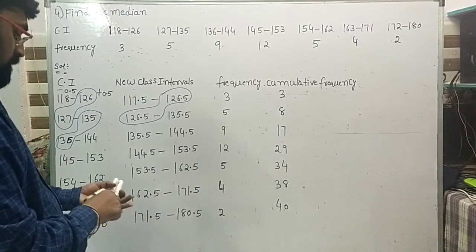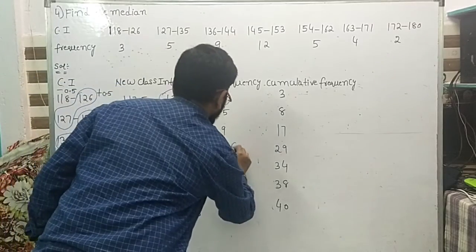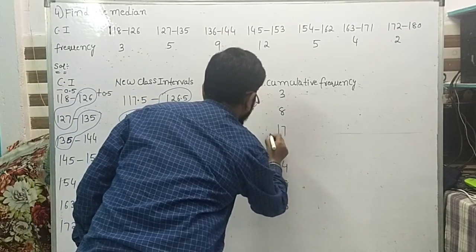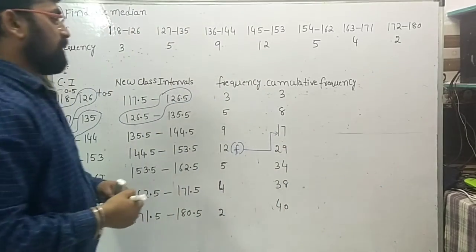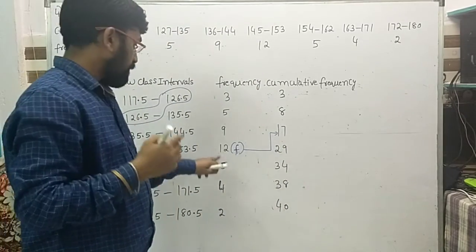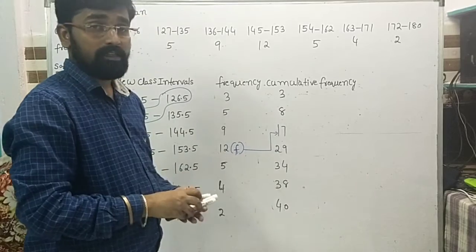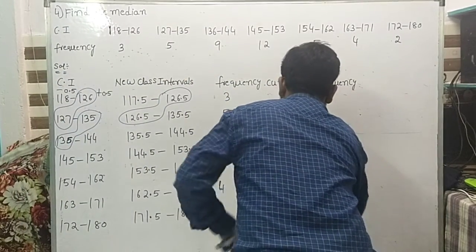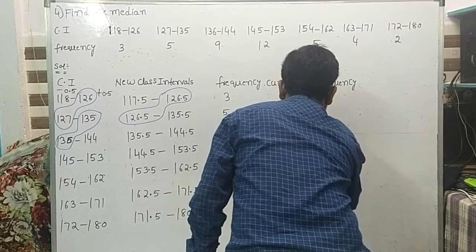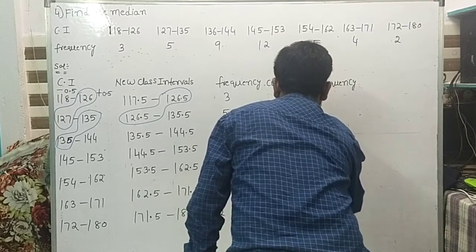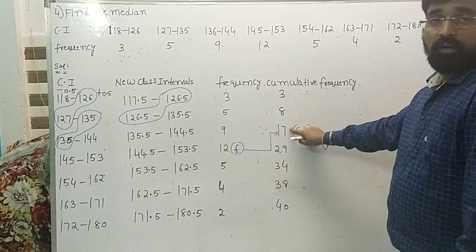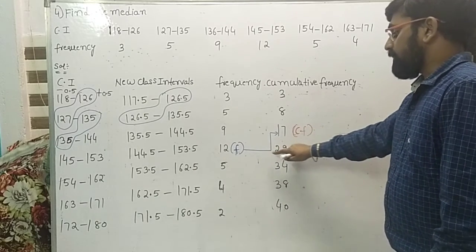Now the highest frequency is F, and straight above it is CF, the cumulative frequency. So we take the cumulative frequency from the row above the highest frequency.